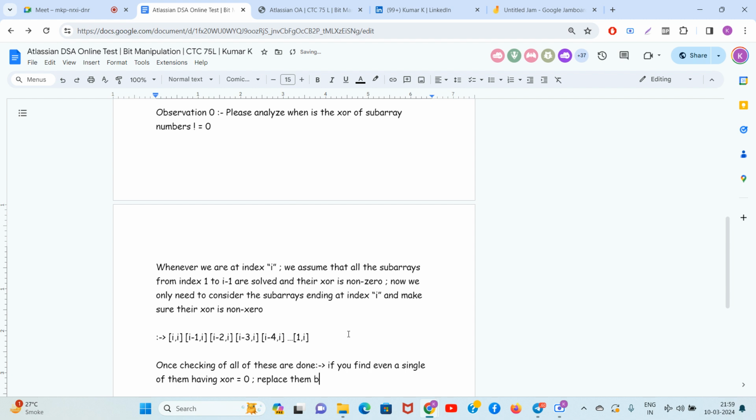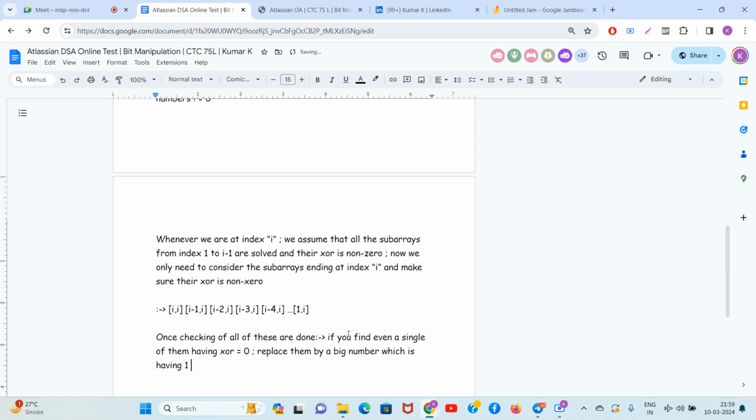Replace it by a big number which has only 1 bit set, at the 32nd position, and the rest should all be 0.